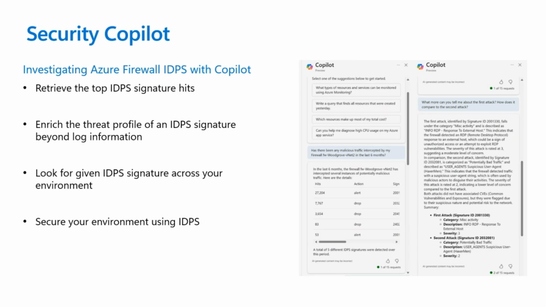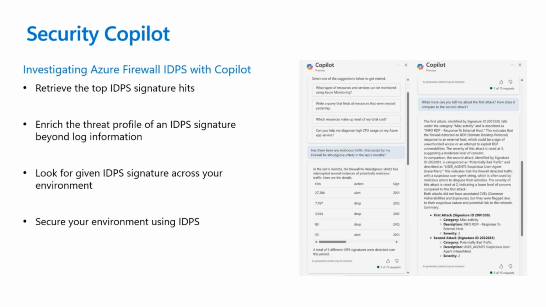By using this one, you can not only find what the signature hits in your firewall are, but you can also find more information about specific signature IDs if you don't have enough information about those, and then use that information for your threat hunting and trying to understand more about what's going on through your firewalls.